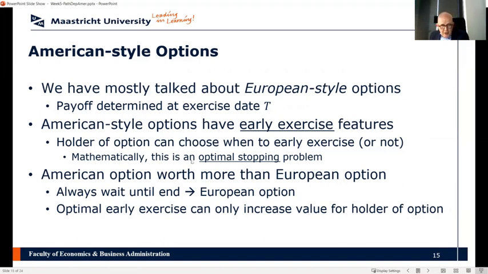So the value of an American option must be larger than or equal to the value of a European option, because an American option where you simply always wait until the end is exactly the same as a European option. And if you optimally early exercise, you will only increase the value of the option.